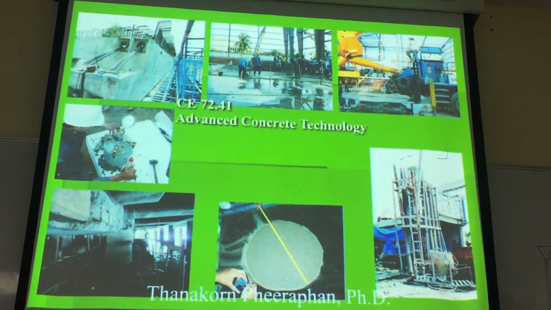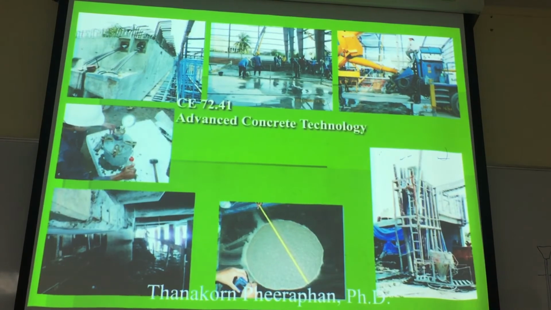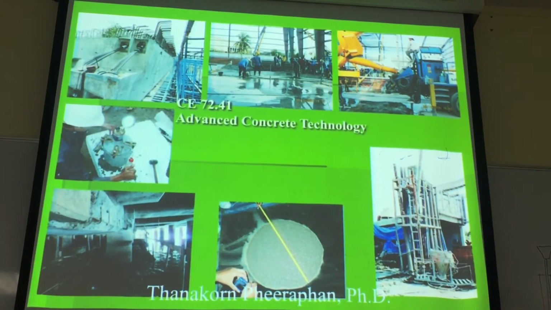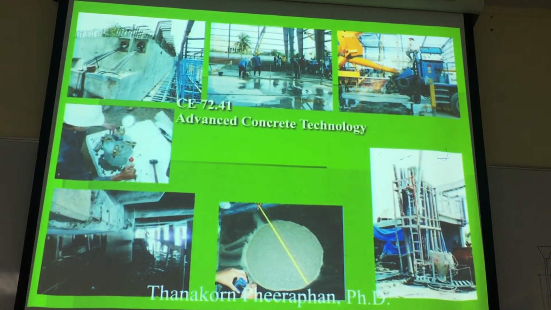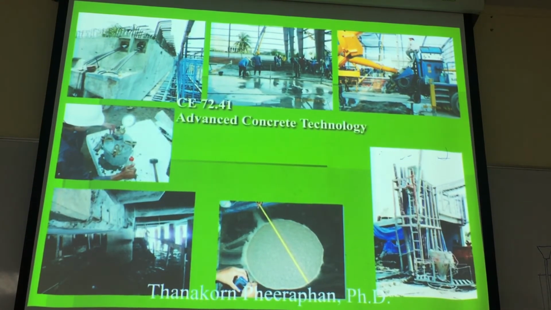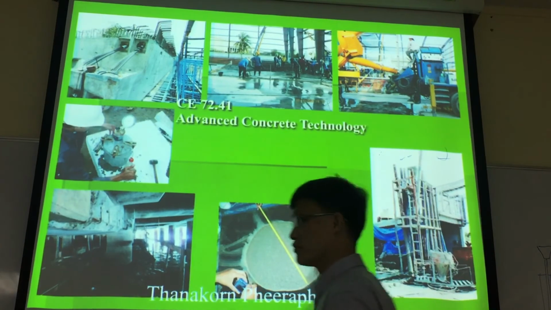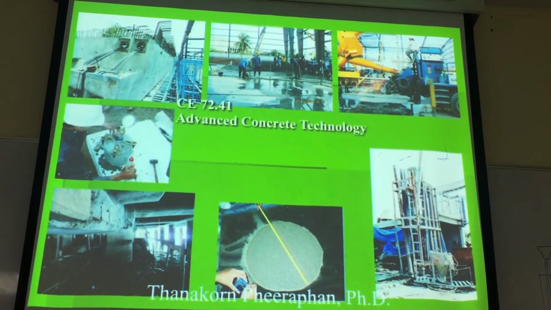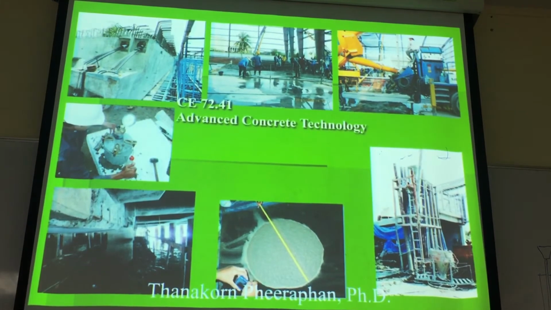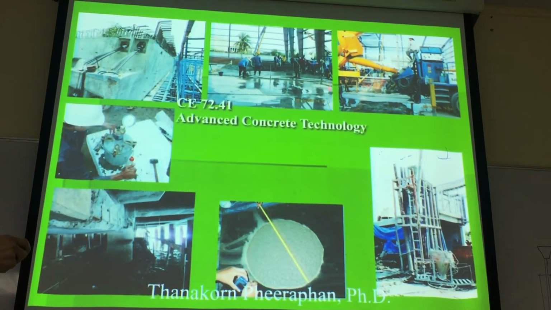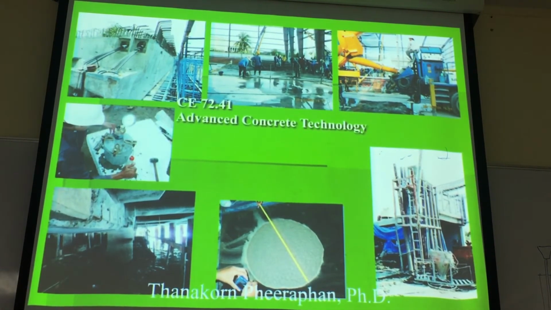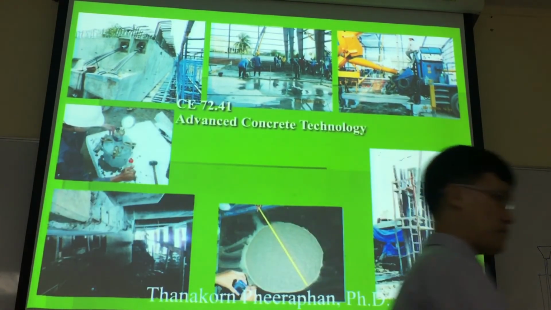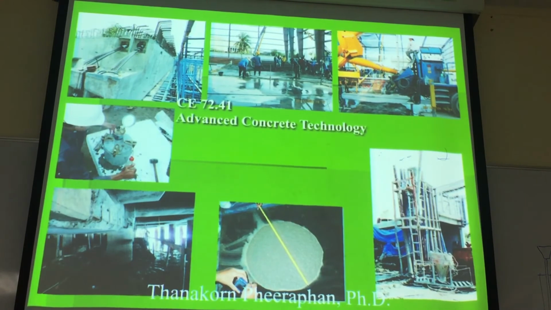What is this tremie for? Maybe bored pile, for example. Maybe cast underwater, for example. Okay. We have to design special concrete for that. Okay. And this is concrete for pumping. Okay, so first photo. Let me go quick now.